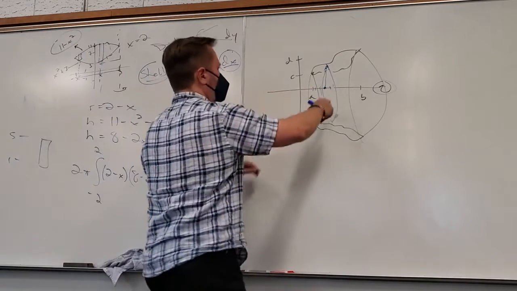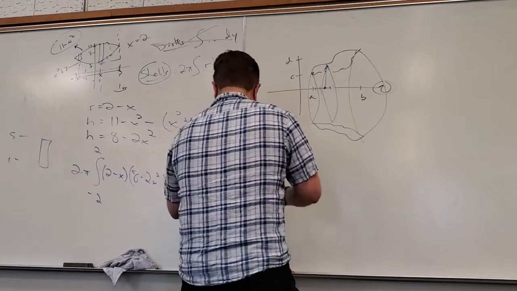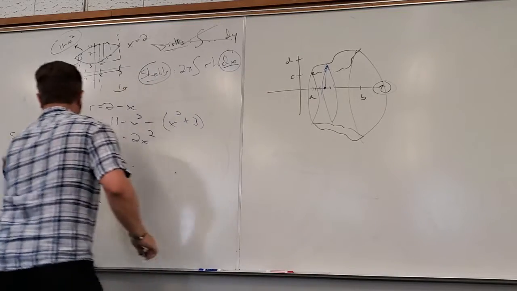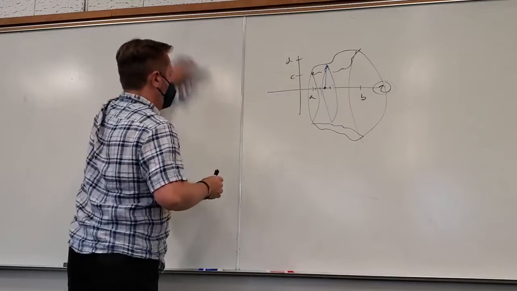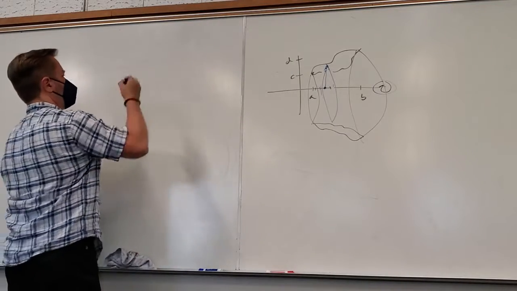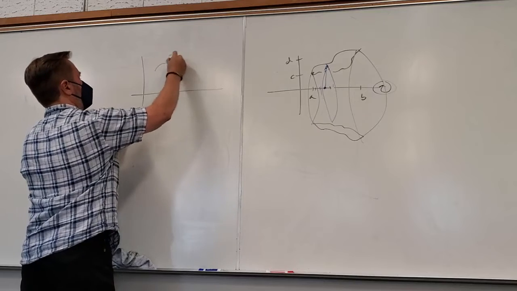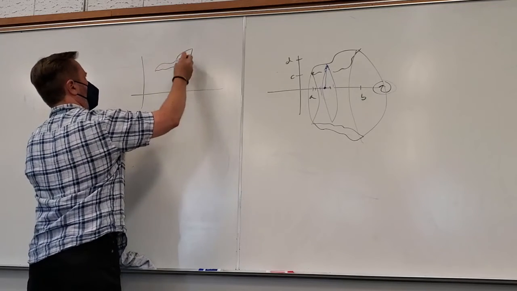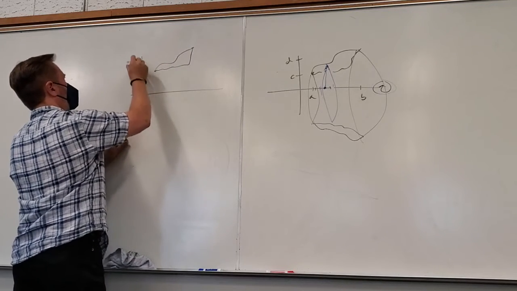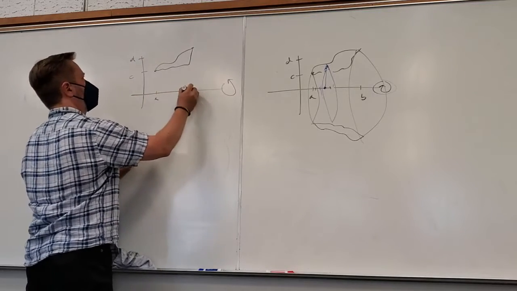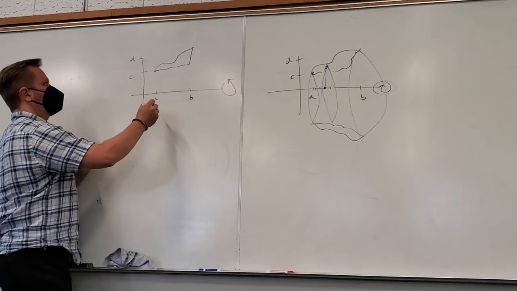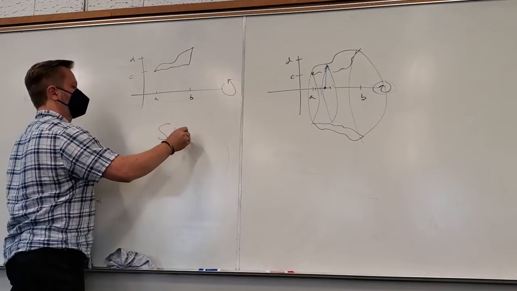If I was to do the same region, but I was to use shells instead, okay, I'm going to go around there. What would it have to be if I was using shells?